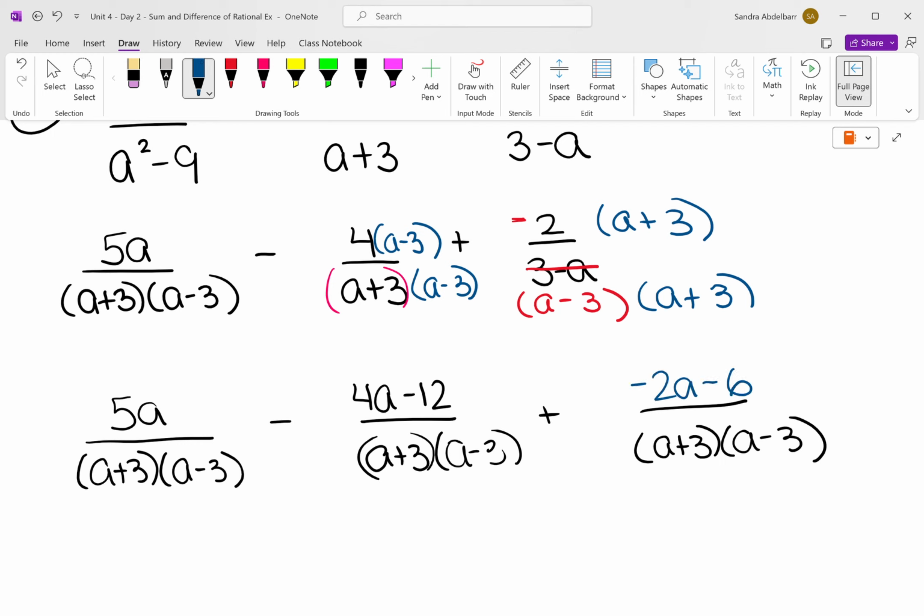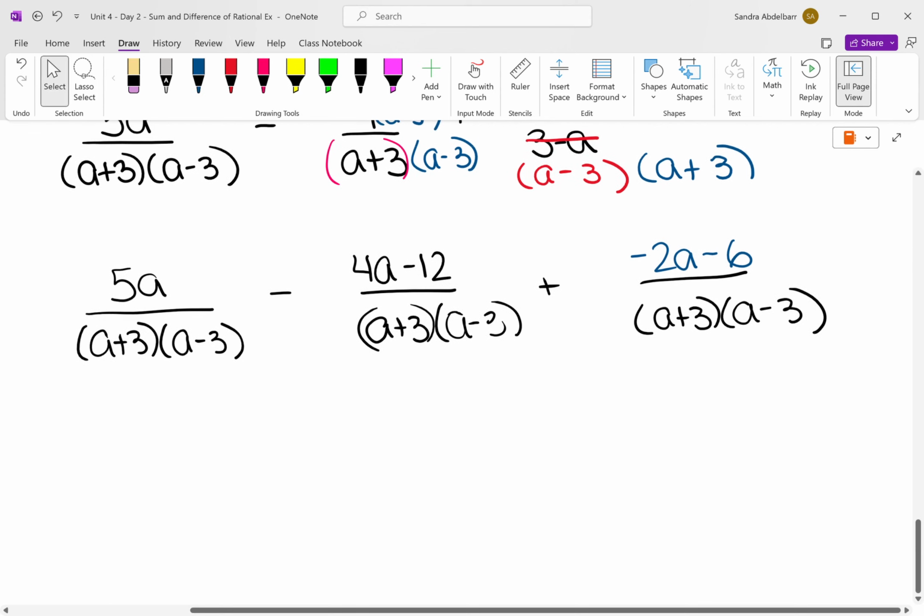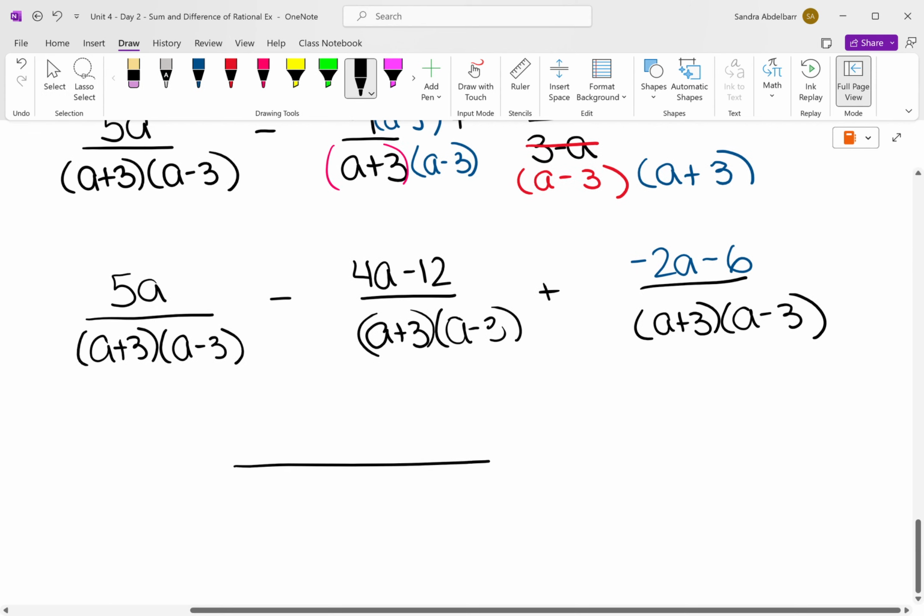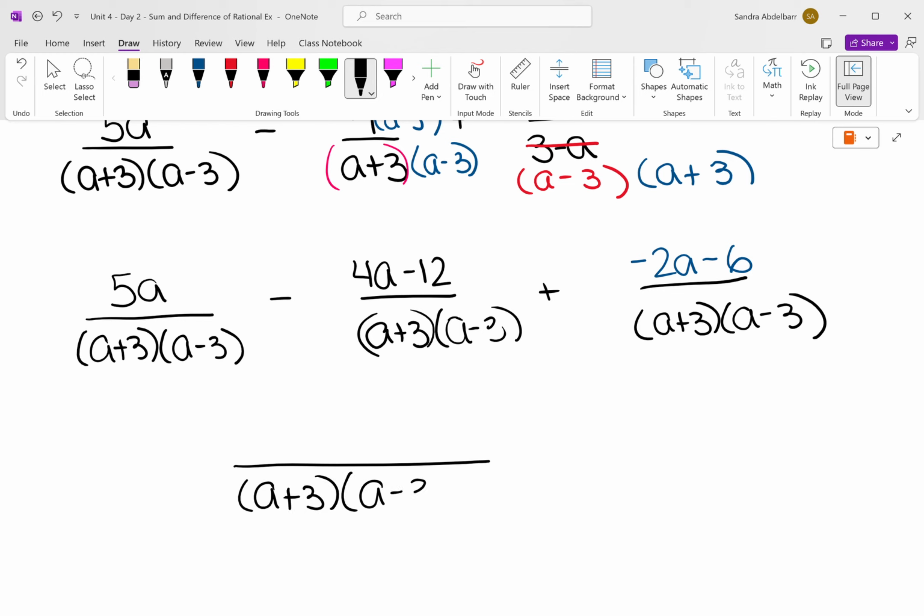So this is a -2a minus 6. And now that we have a common denominator, now I can simplify my numerator, and I'm going to do it right away.